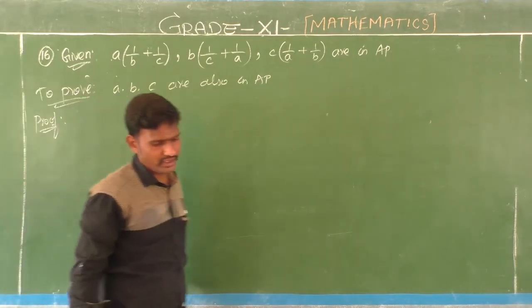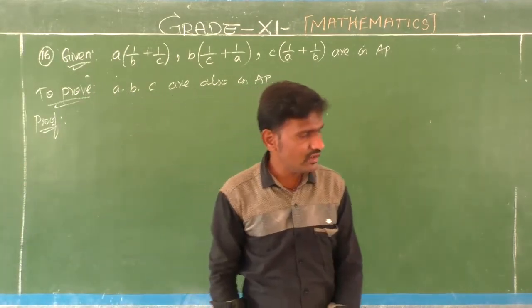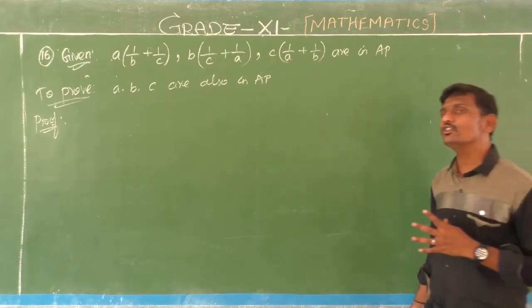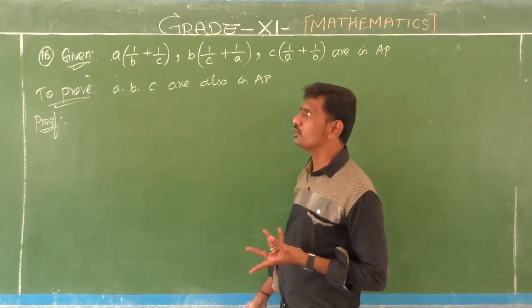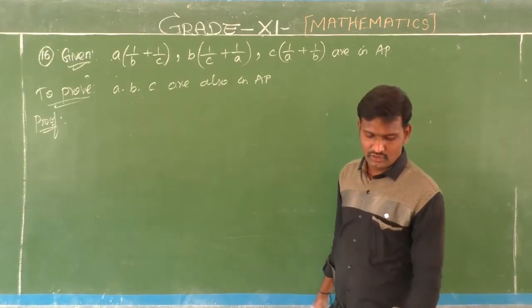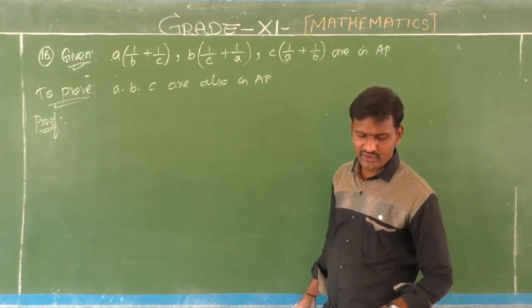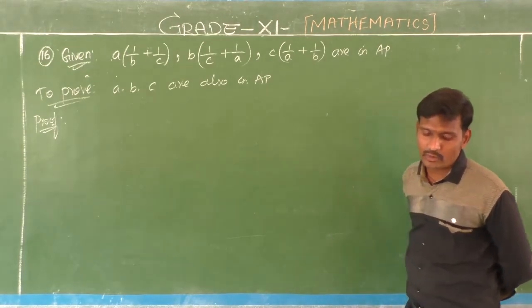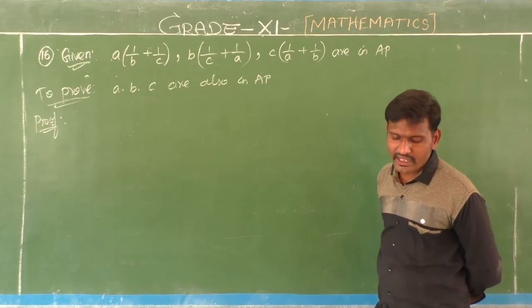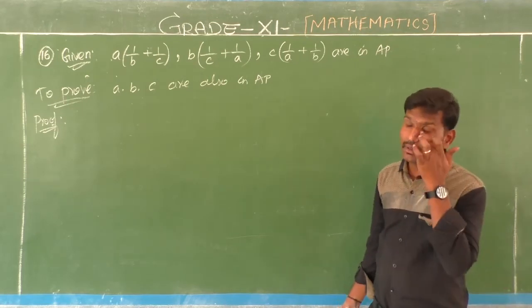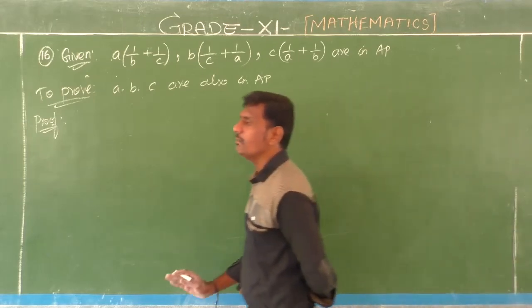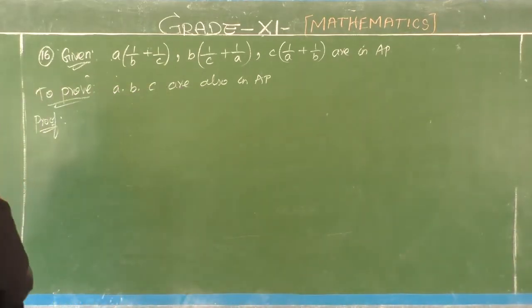Yes, student. Now listen, look at the question. It is very simple by using the method of A2 minus A1 equals A3 minus A2. Have you understood the question? If A(1/B + 1/C), B(1/C + 1/A), C(1/A + 1/B) are in AP, then prove that A, B, C are in AP.